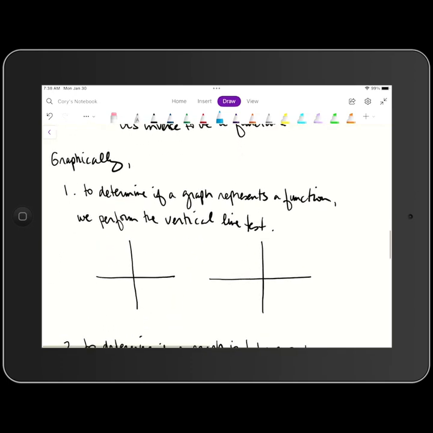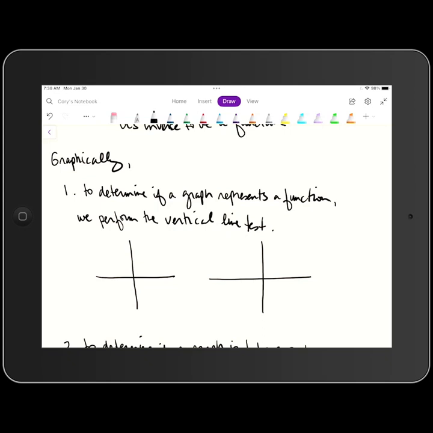Okay, so graphically speaking, and we've talked about this already in class, to determine if a graph represents a function, we perform the vertical line test.